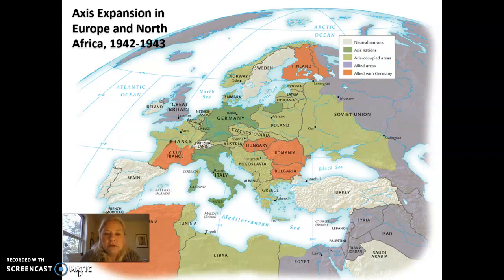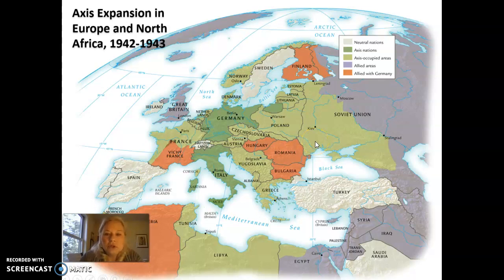If we look at a picture of this map, take notice of the Axis nations and the Axis occupied areas. So, Germany has basically taken over much of Poland, all of Poland, Czechoslovakia, Austria, Yugoslavia, Greece, etc., and has moved their troops in Operation Barbarossa up to Leningrad and Stalingrad, and basically had occupied this whole entire region of the Soviet Union or Russia.